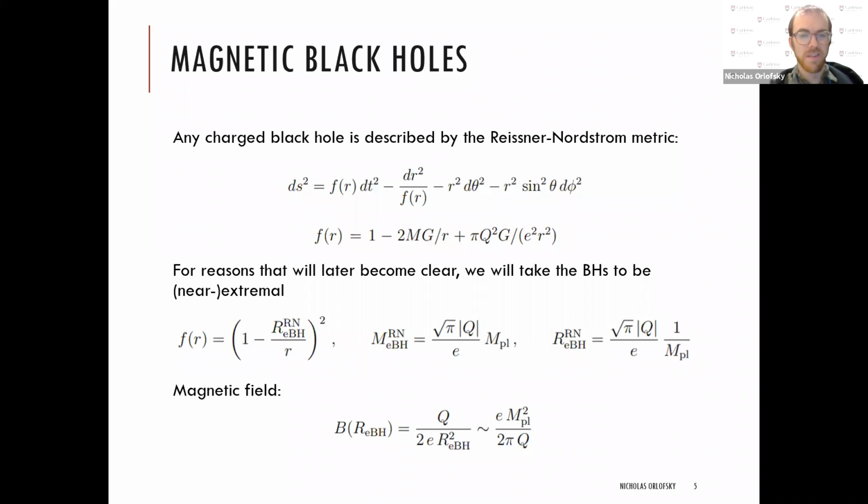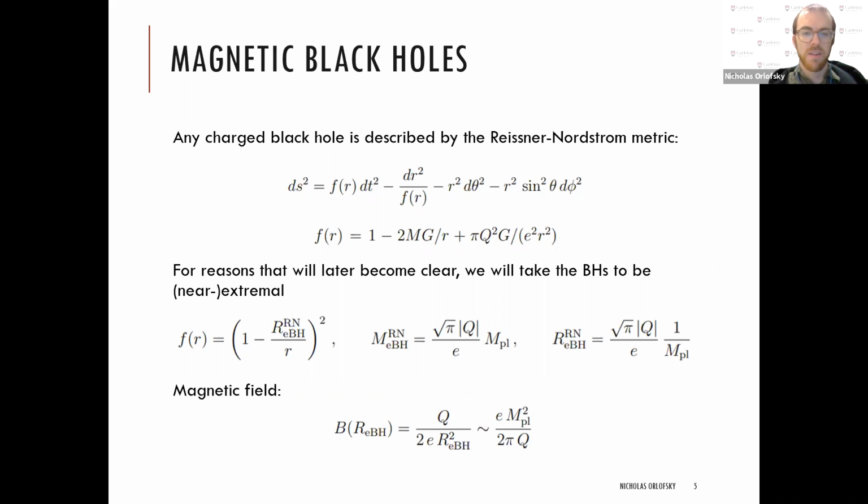For reasons that will become clear in a few slides, I'll take these black holes to be pretty close to extremal. What that means is that the mass, in some suitable units, is equal to the charge of the black hole.